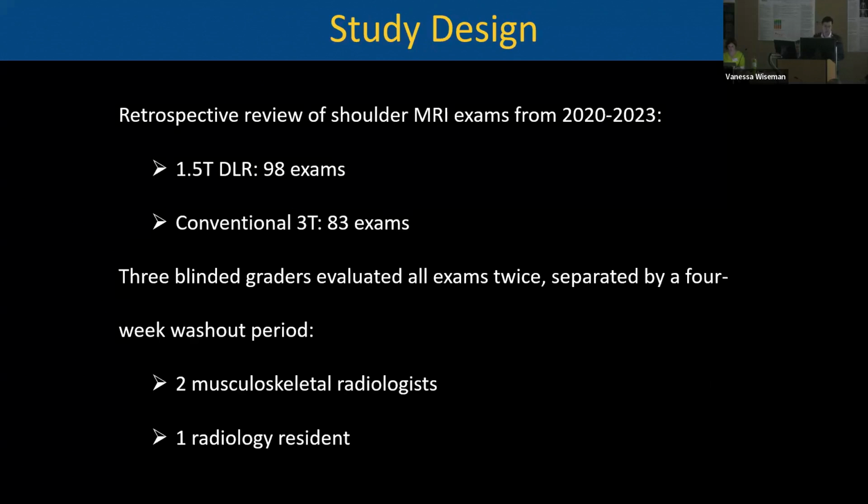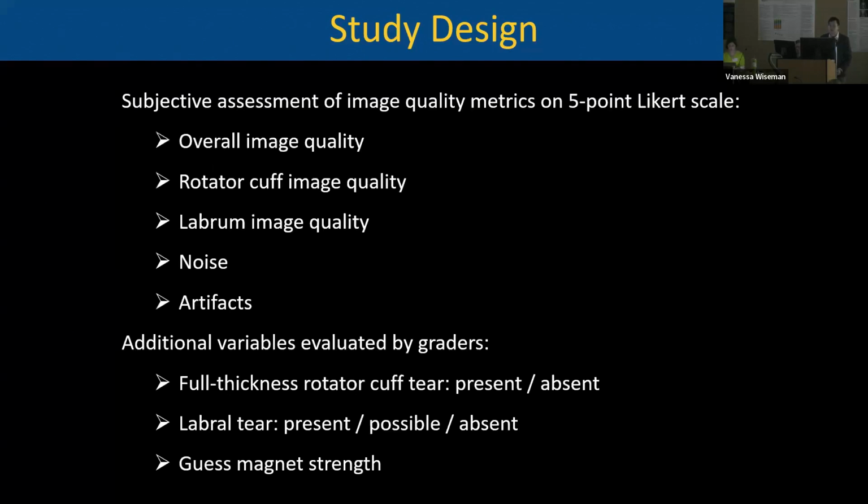Our study design was a retrospective review of 98 1.5T DLR exams and 83 conventional 3T exams. We had 3 blinded graders who evaluated all exams twice, separated by a 4-week washout period. There were a number of imaging quality metrics that we assessed on a 5-point Likert scale as listed below here.